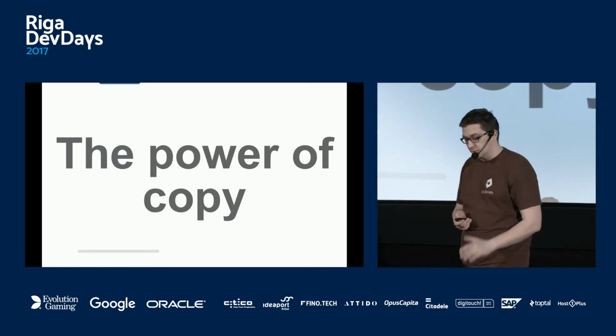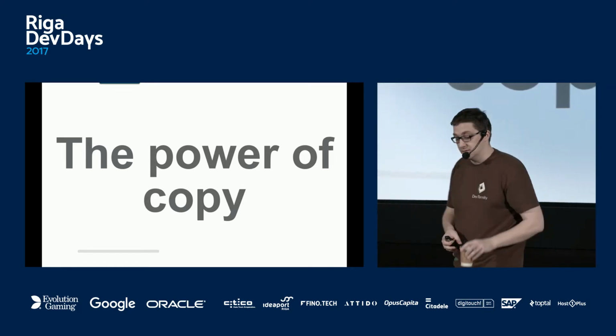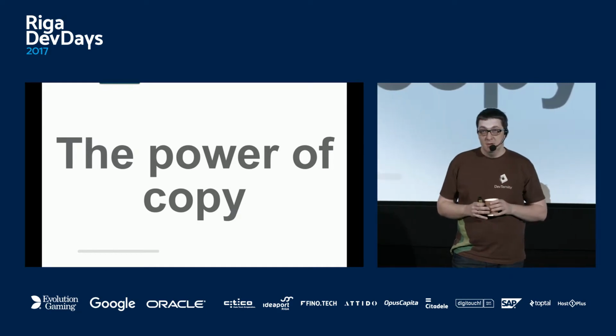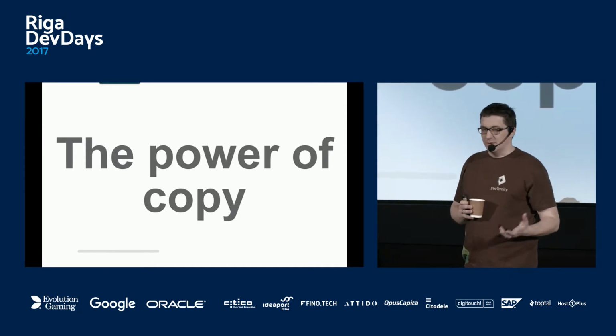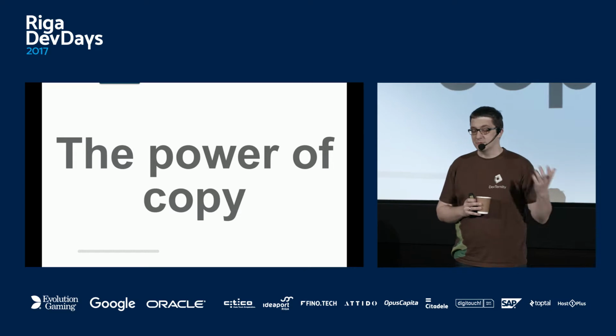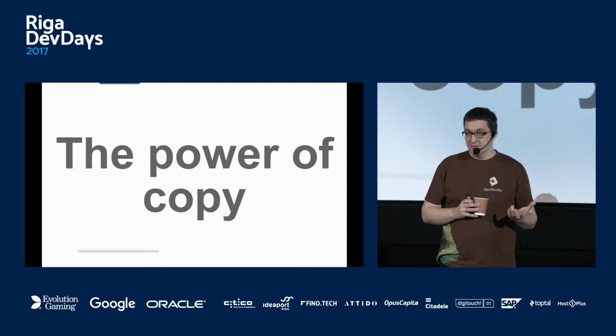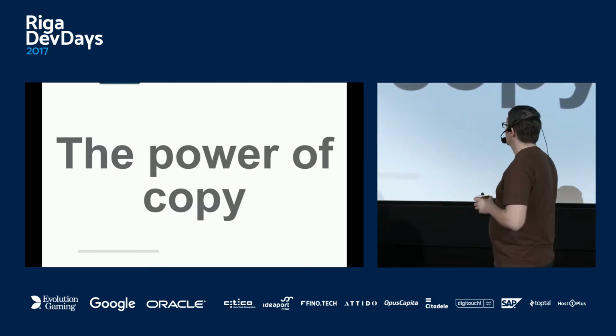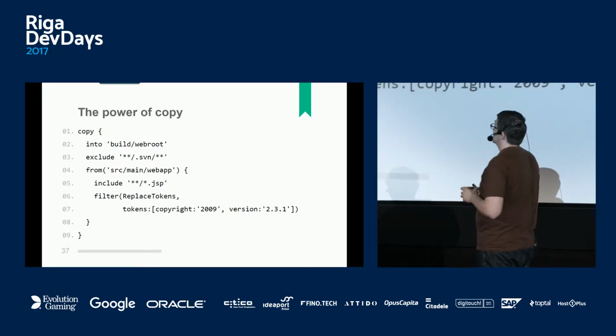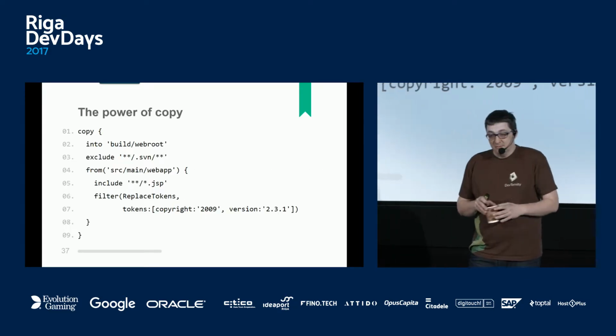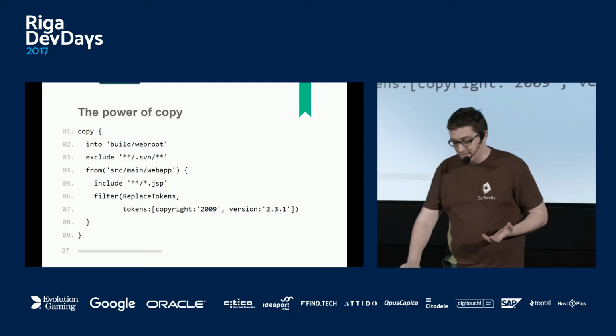Another thing that exists quite a lot inside Gradle DSL is the copy method. Actually, it's a set of copy methods and a set of copy abstractions that Gradle introduced in very early versions of Gradle DSL, which allows us to copy files. And in most cases, that's what a build tool is actually doing.